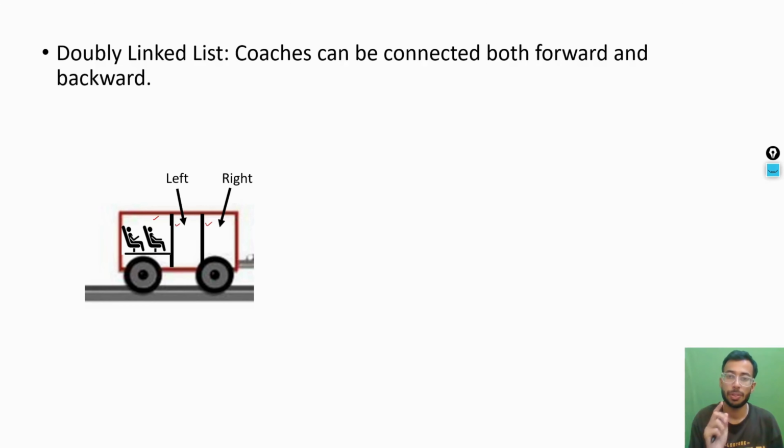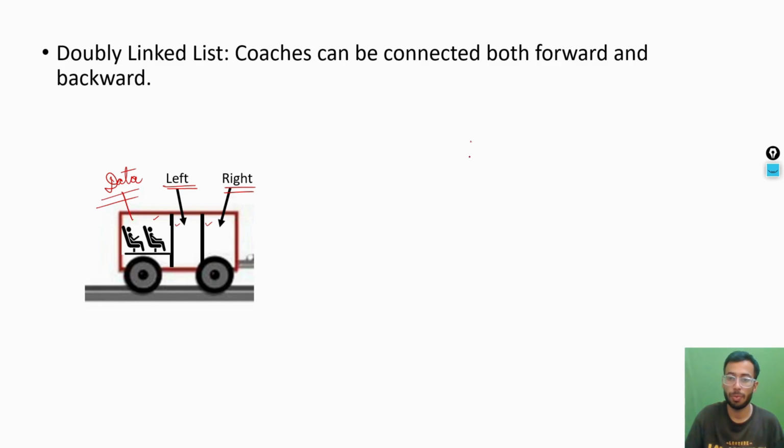The first part of the coach will contain the data, as you can see, like normal. The second part of the coach was containing the pointer, the link, the reference to the other coach. But this time it is containing not only one link, but two links: one link to the left coach, another link to the right coach.